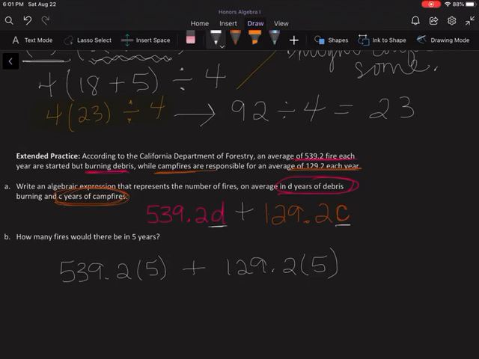So this is what I mean by, yes, you're able to use your calculator for stuff like this, but down the line, or just in general, you should know how to multiply operations of fractions and decimals on your own, okay? Okay, so it looks like there will be 3,342 fires in 5 years. After 5, we'll say after.